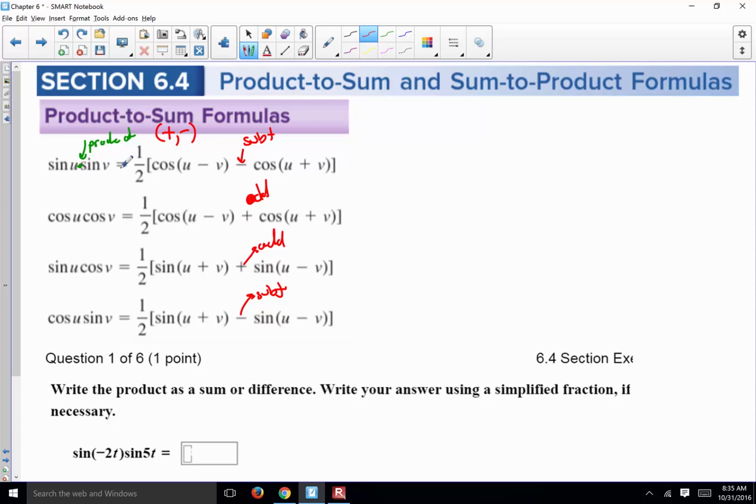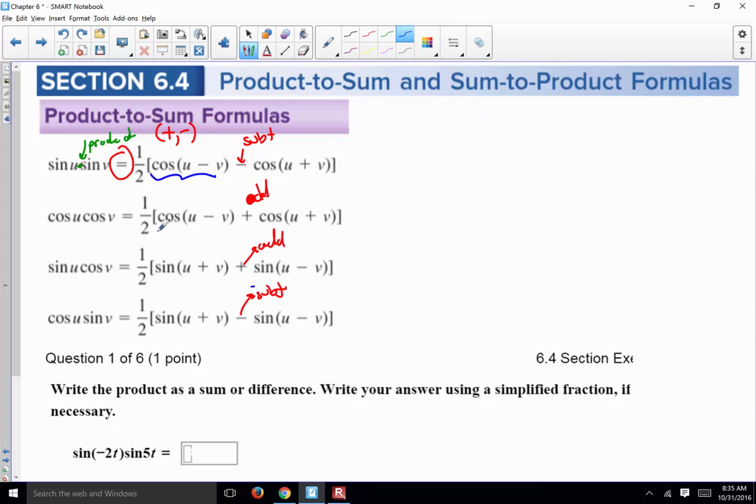Oh, if you want to find out how they got these formulas, all you need to do is write the cosine u minus v formula. Remember, cosine u cosine v minus sine u sine v. That formula. When you simplify things, things cancel out, and the only thing remaining will be sine u sine v. So this is in the book. Very simple to prove. If you're interested, read it, but don't waste time on it.